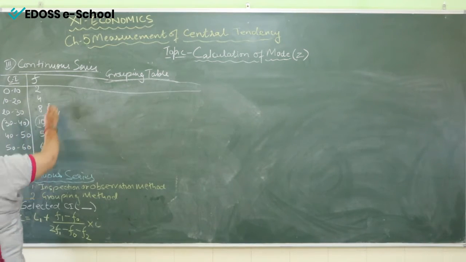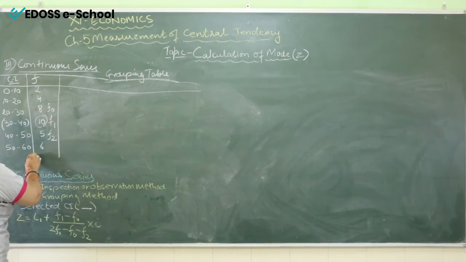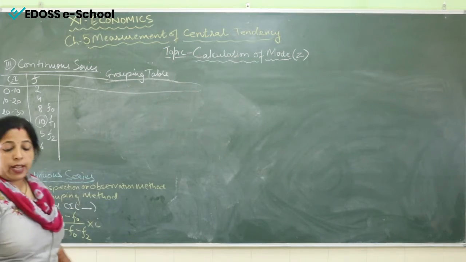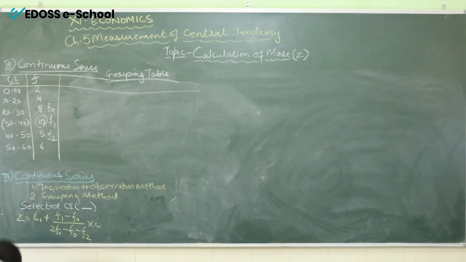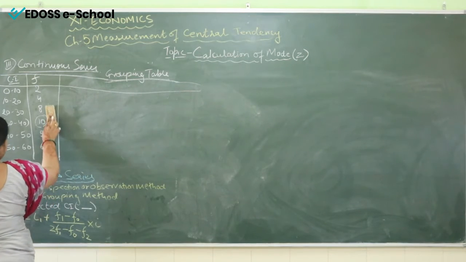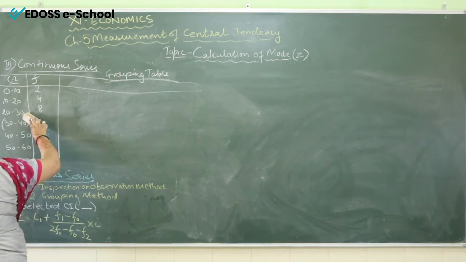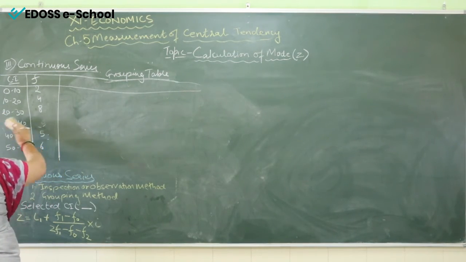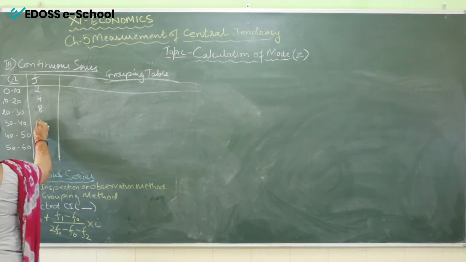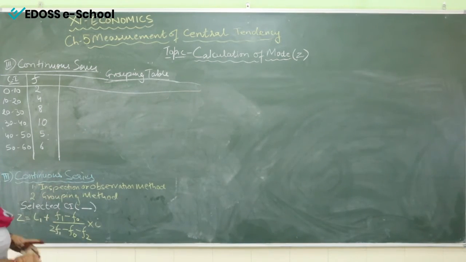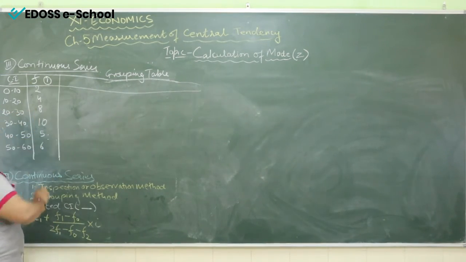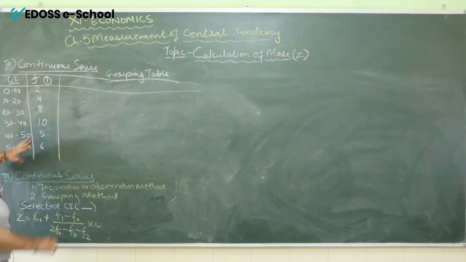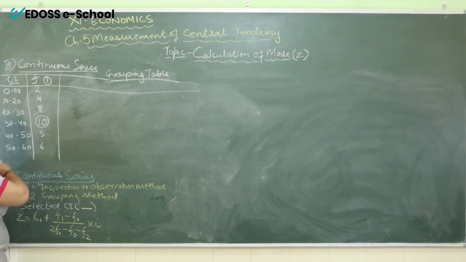Fine. So let us begin. Here is the data. We will erase this F1, F0 because now we have to find the exact one. Now forming the grouping table, the first column is the frequency itself, and among them the highest value is 10.